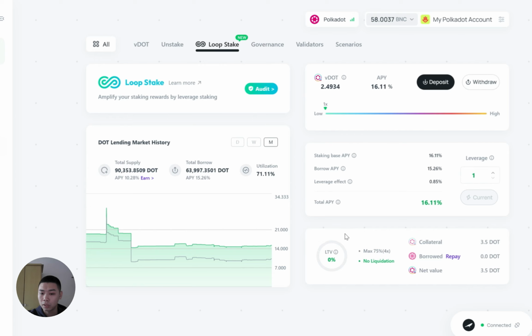Okay, we see the LTV going back to 0. The collateral is 3.5 DOT in terms of vDOT.